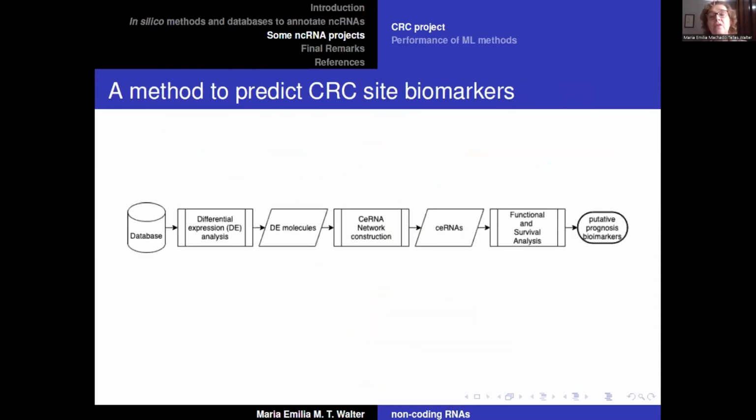What we did was propose a method where we extracted information from a database called TCGA that contains clinical and molecular information about this cancer. We first found some ceRNA networks. These are small networks, and some of them were already proposed in the literature, but we proposed new ones, and with some analysis, we proposed putative prognostic biomarkers. Of course, all of these have to be confirmed in the laboratories.